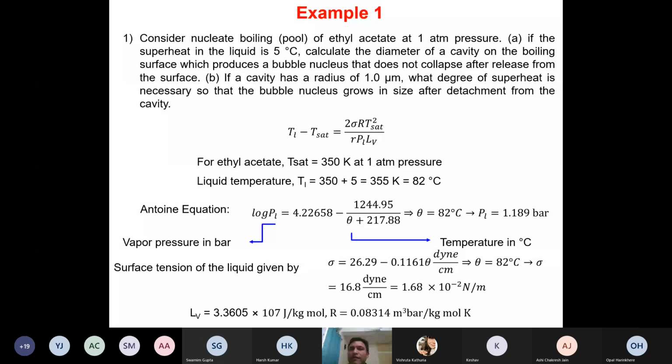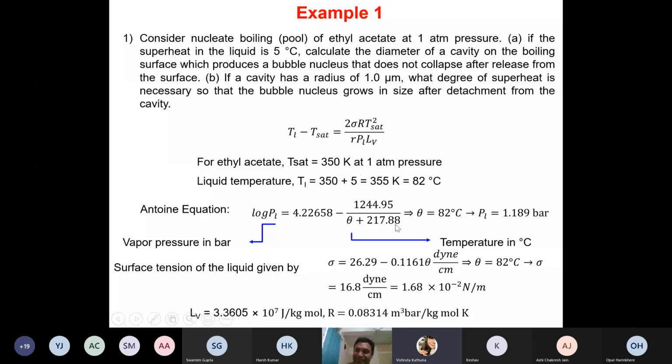Is it all right? Yes, sir. In fact, this Antoine equation is so famous that if you search for it online, the only difference is all these constants will differ for different systems. Okay, can you go ahead?